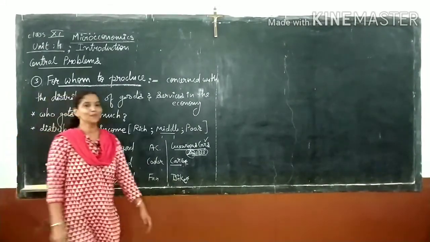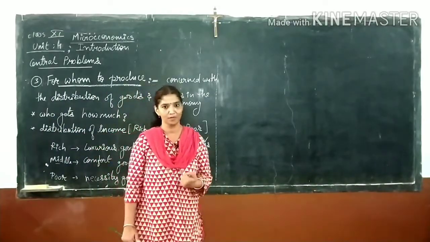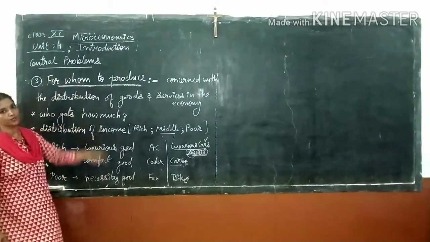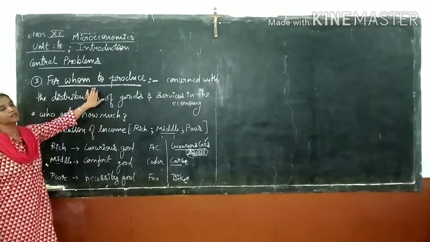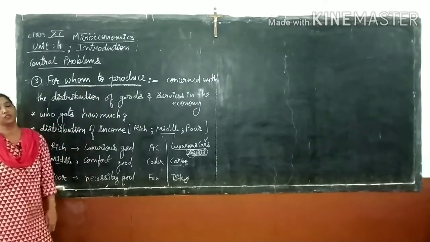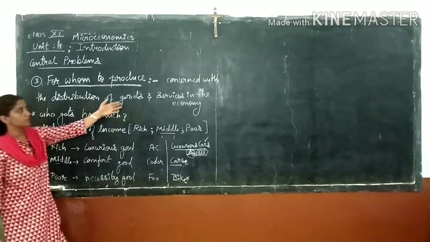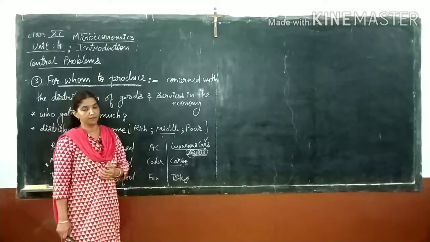After discussing what to produce problem and how to produce problem, now it is time to discuss the for whom to produce central problem. For whom to produce problem is concerned with the distribution of output, the distribution of goods and services which are produced in the economy.